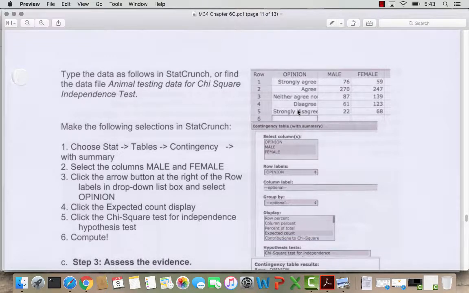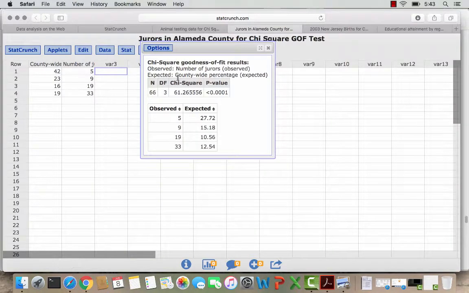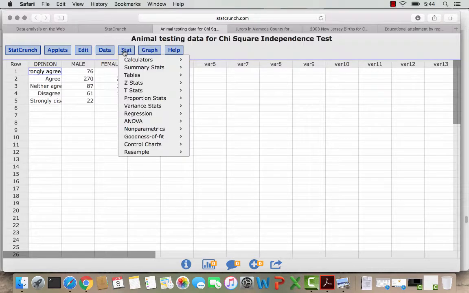So let's go into StatCrunch, and you can type the data or find the data animal testing for chi-square. So we're going to select stat and then tables.